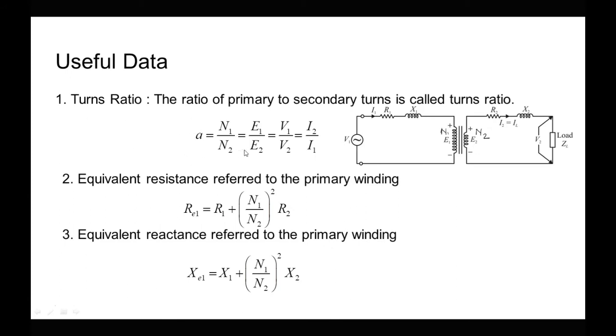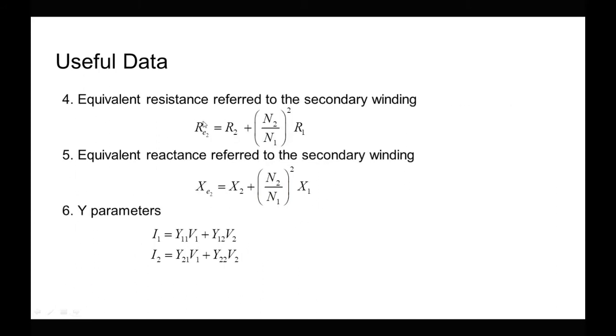The prerequisites for solving this problem are enlisted below. You can take a second to pause the video and see what data will be useful for solving our problem. The turns ratio, equivalent resistance and reactance refer to the primary winding, and similarly the equivalent resistance and reactance refer to the secondary winding.